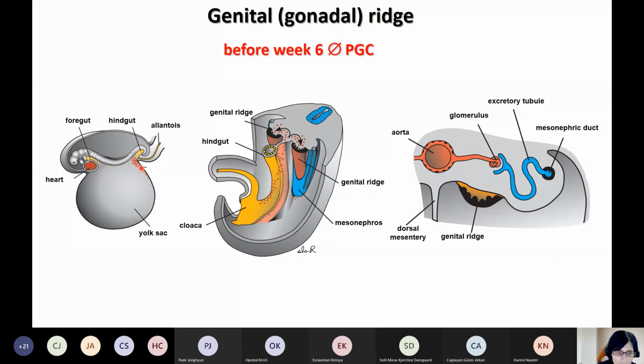Exactly, it is so that these PGCs, these primordial germ cells, will migrate with amoebic movement via the dorsal mesentery of the hindgut. So here you can see the hindgut.